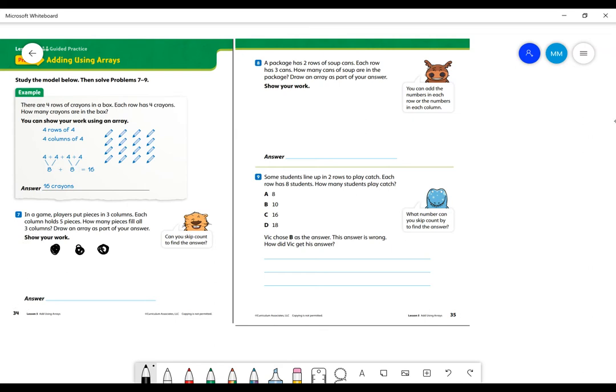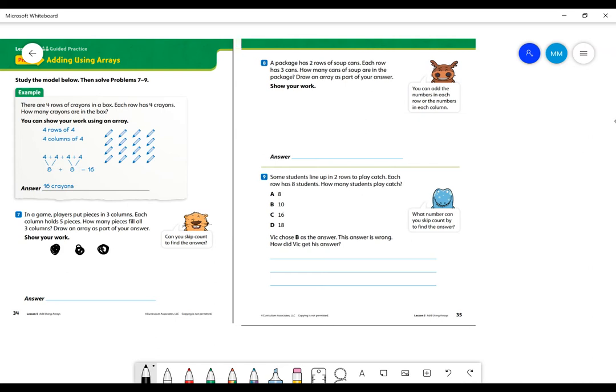Each column holds 5 pieces. So I'm going to put 5 in each column. So 1, 2, 3, 4, 5. 1, 2, 3, 4, 5. 1, 2, 3, 4, 5. How many pieces fill all 3 columns? Draw an array as part of your answer.